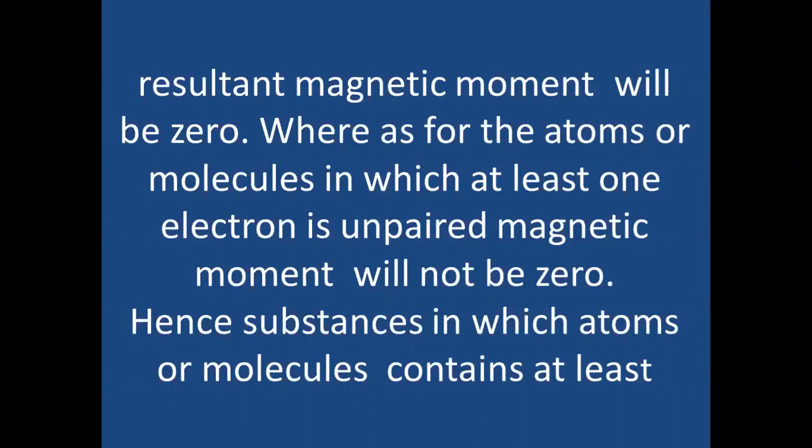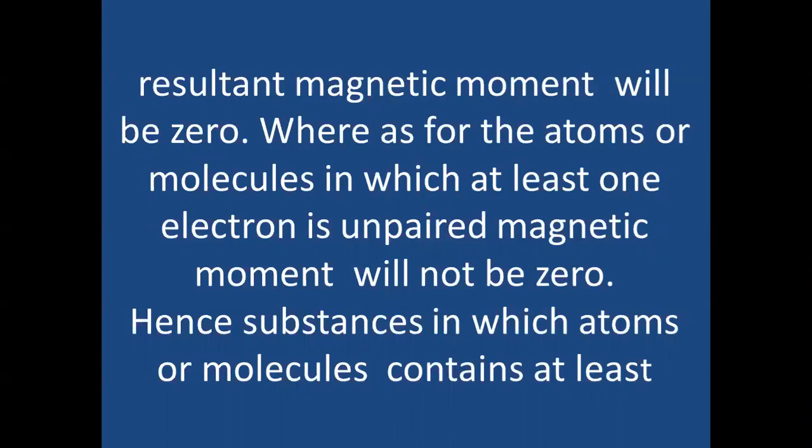But in the other case, if atoms or molecules of a substance contain at least one unpaired electron, then its magnetic moment will not be zero. Means some magnetic moment will be there. So the resultant magnetic moment of atoms or molecules having unpaired electrons will never be equal to zero.